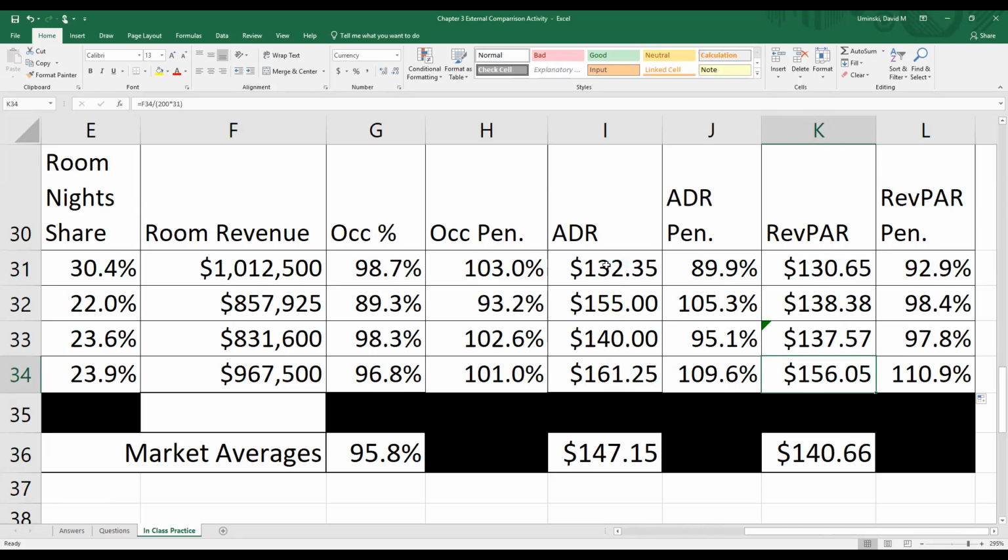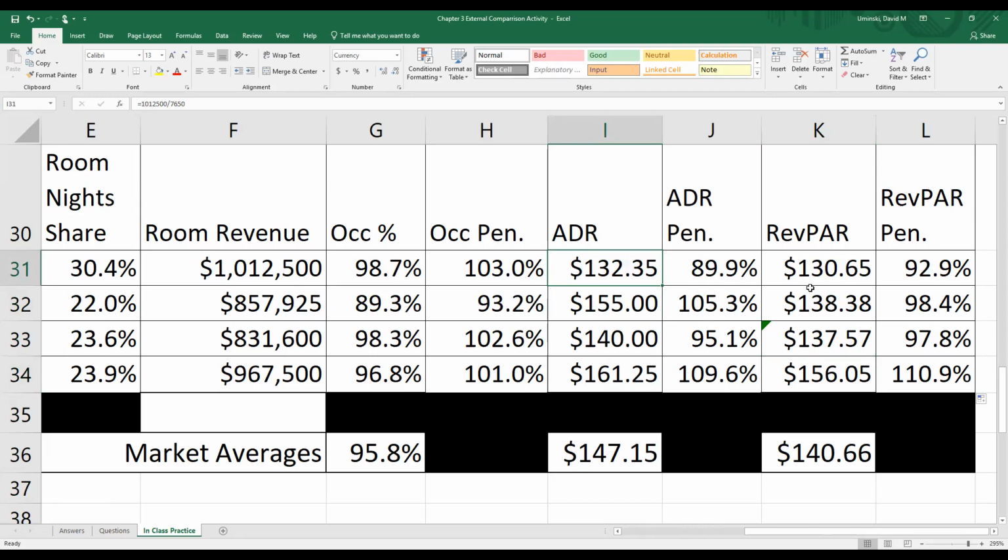Especially looking from Hotel A to Hotel B, at our ADR of 132 compared to 155, that's a difference of, what is that, $23.